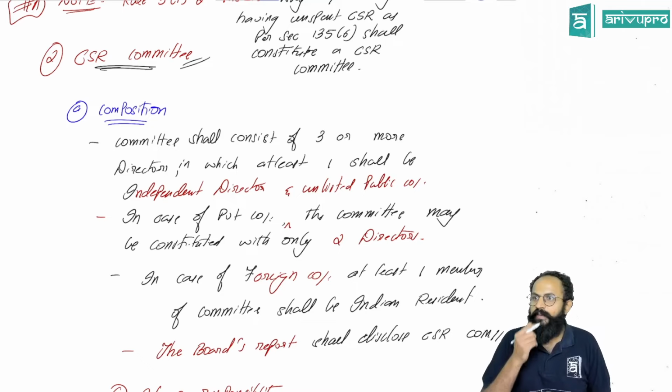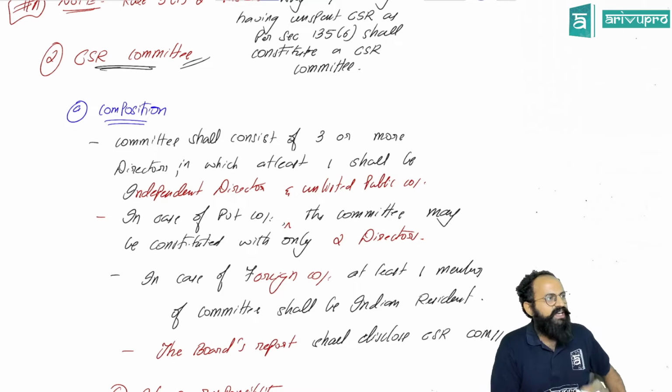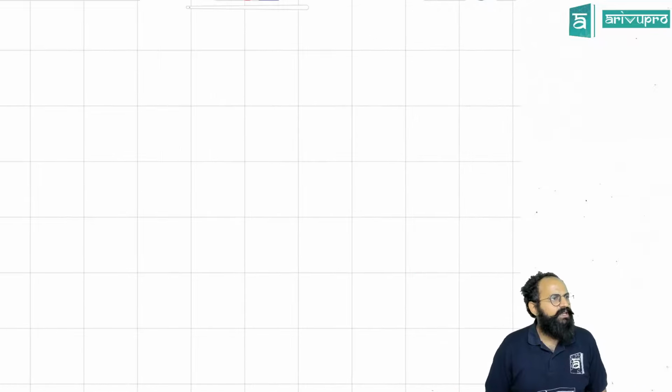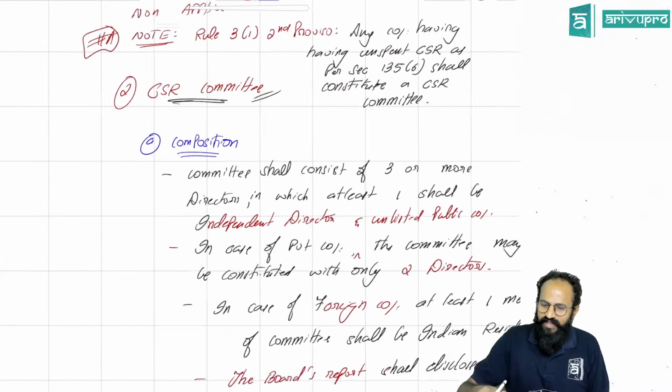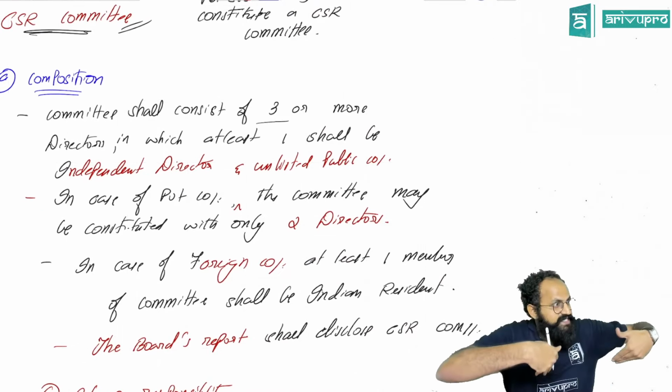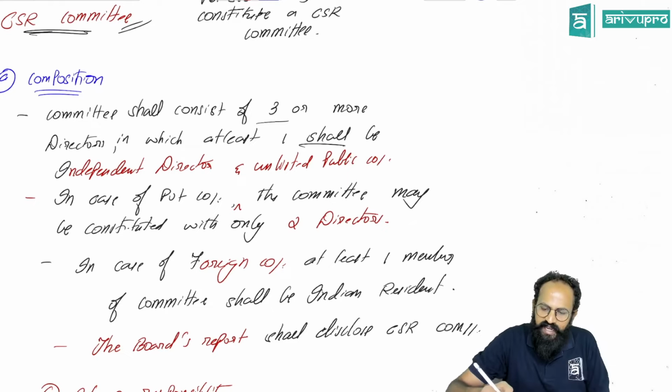Now I'll ask you a question. If an independent director is not there, how many directors should sit in my CSR committee? 2 or 3? Private company, unlisted public company, independent director is not there. How many people have to sit in my CSR committee? Think and answer. The committee shall consist of 3 or more directors, in which one will be an independent director.